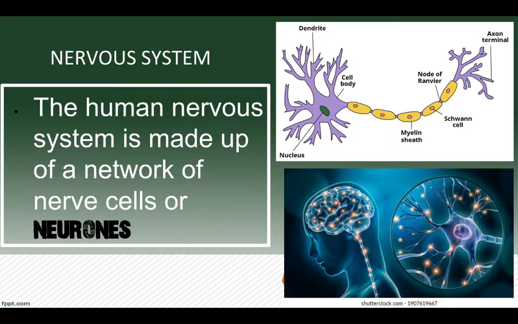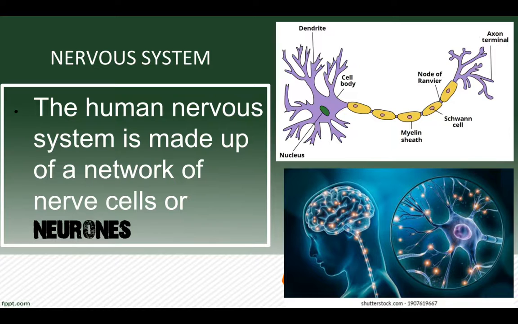You have learned during Form 2 that a system is made up of organs, an organ is made up of tissues, and tissue is made up of cells. So the cell is the basic unit for the organism or the system. So the nervous system is made up of the basic unit, which is the cell, called nerve cells, or neurons.